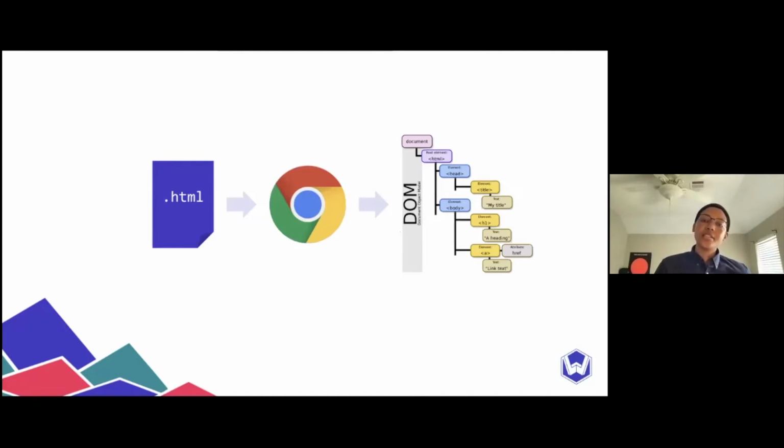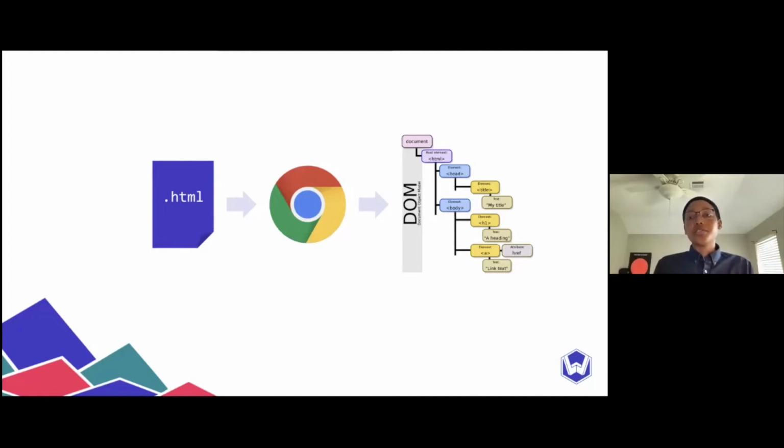So this is an example of what your browser is doing. It gets an HTML file, breaks it down, looks at it, traverses it, and then repurposes it into a tree of things, right? So a document becomes a node called document, which has children nodes. One of them is HTML. Inside HTML, you might have a head node. Inside that, you might have a title node. And that title node has text like my title.